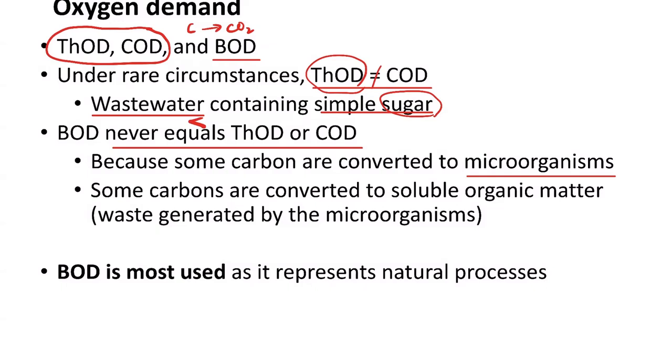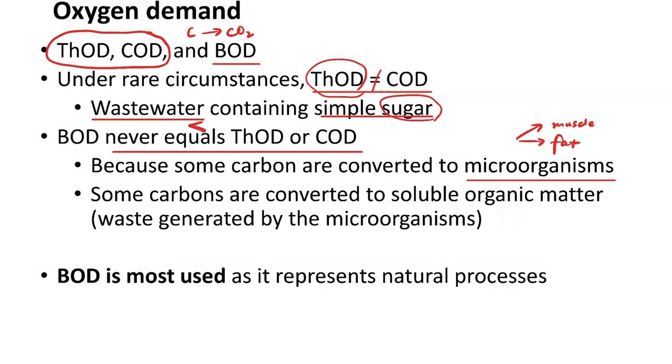Some of it is converted into, let's say, muscle, right? And some of it is converted into, let's say, fat, right? So they can convert it into a part of their body, right? In that case, not all of the carbon is converted into carbon dioxide. And because of that, the BOD is going to be smaller than COD, or theoretical oxygen demand, right?